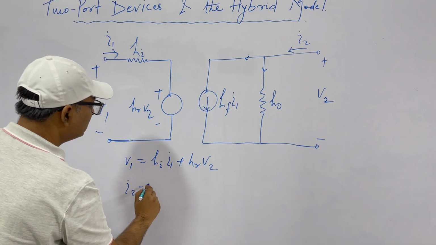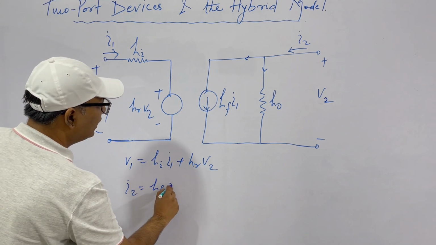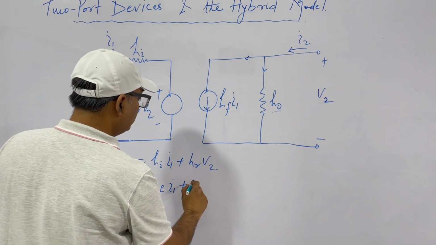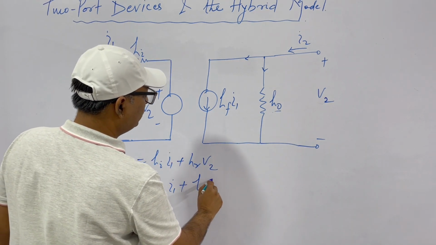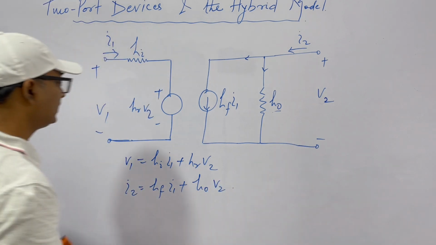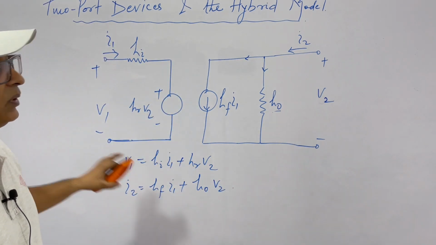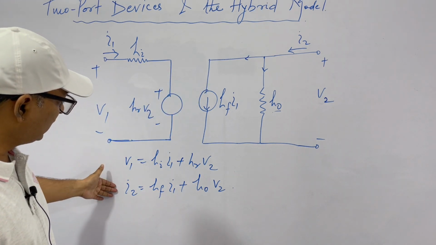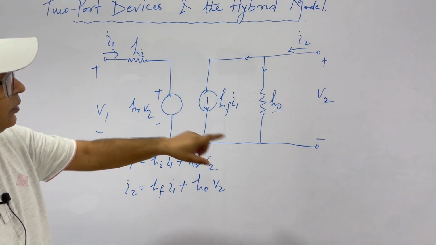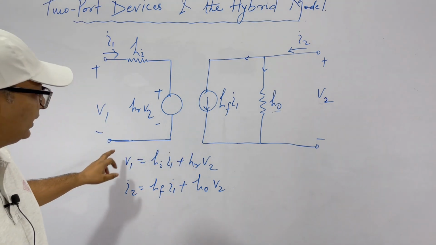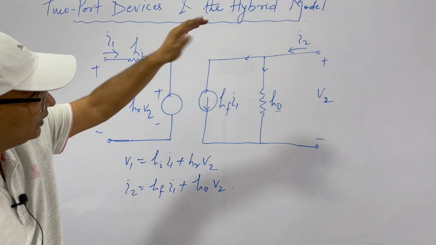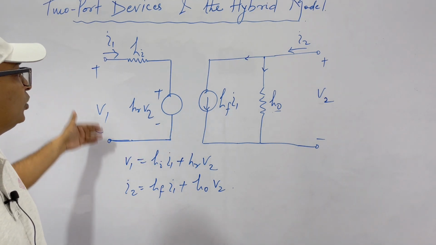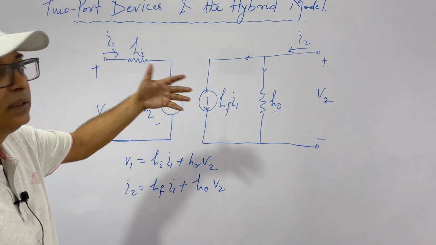This is HF into I1, and conductance into V2 is HO into V2. See, we have got our hybrid model for the transistor. This is the diagram and you can see the expressions for the hybrid model. This is exactly what we did on the last page, where we derived this formula from H11, H12 to IEEE nomenclature. You can compare, they are the same. So this is the hybrid model for a transistor.